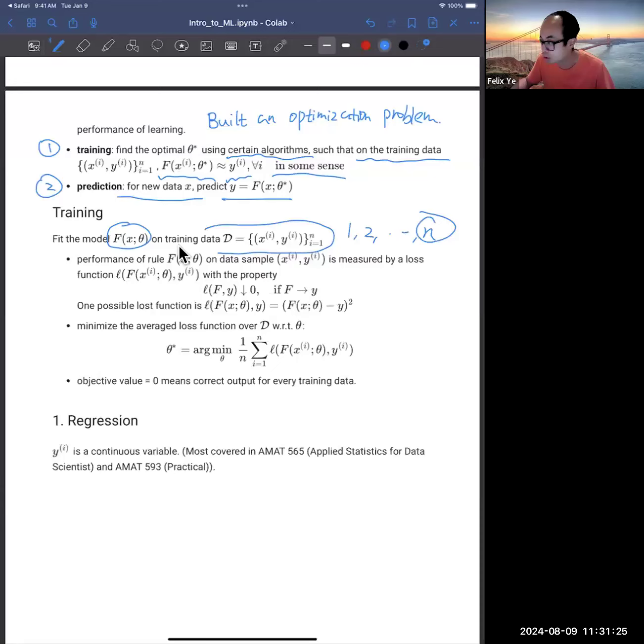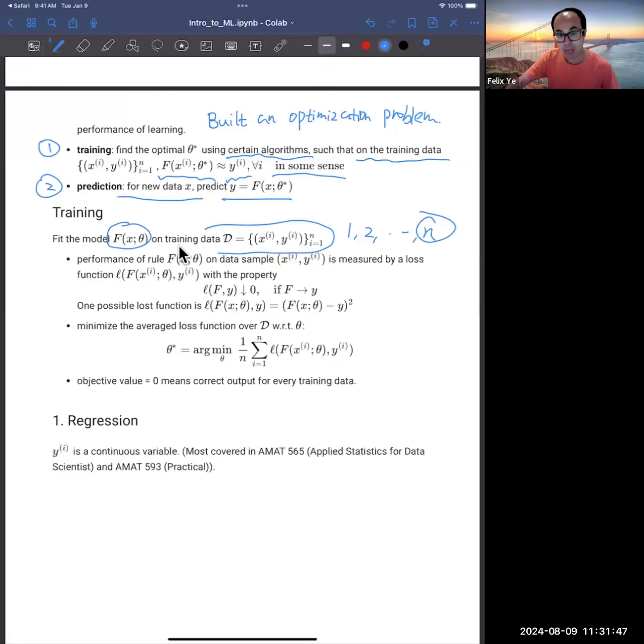In fact, in the homework, you're going to work with a very large data set. So that's why I would suggest you start your homework early so that you have enough time to work on that.